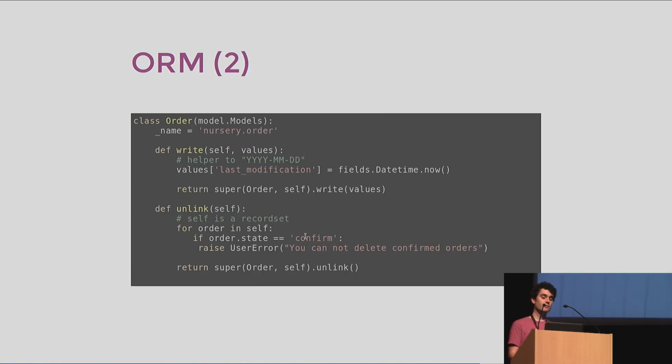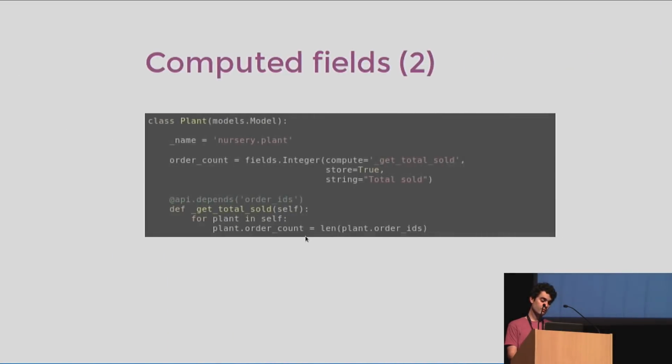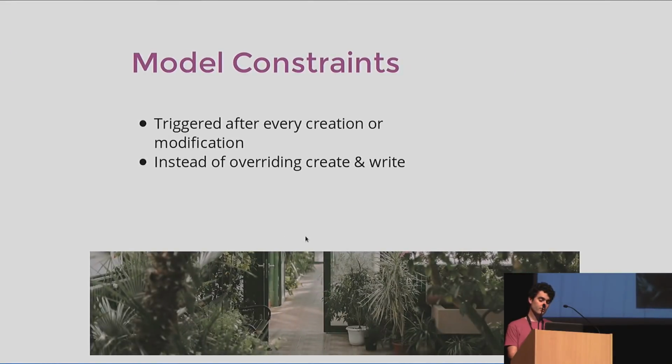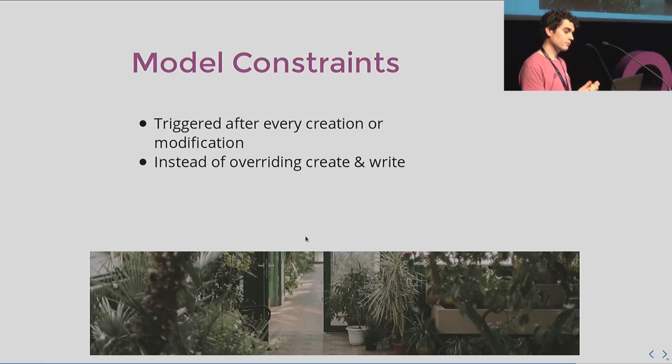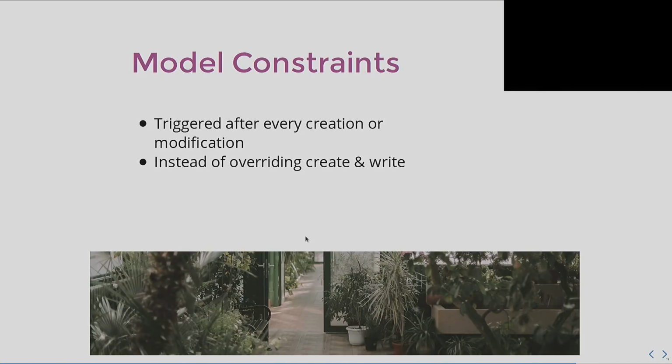You can do that by extending the write method, but in Odoo we also have some built-in constraint mechanism to be able to do that. When you define a constraint, it will be a Python method that will be executed each time you create or modify a record, and it will make your code a bit more readable than overriding the create and write each time.